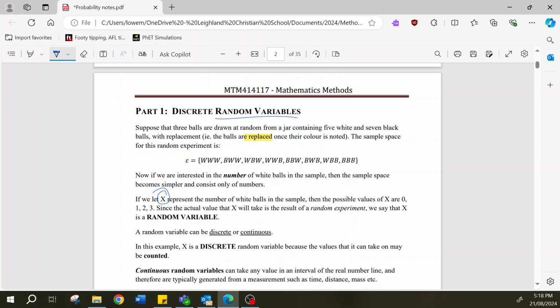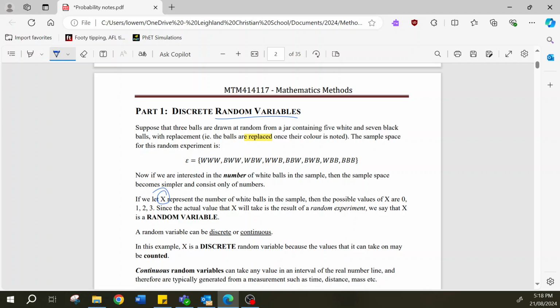Now, a random variable can be discrete or continuous, and in statistics and probability, discrete and continuous are referring to how the numbers come about. So in this example, x is a discrete random variable because the values that it can take on may be counted.